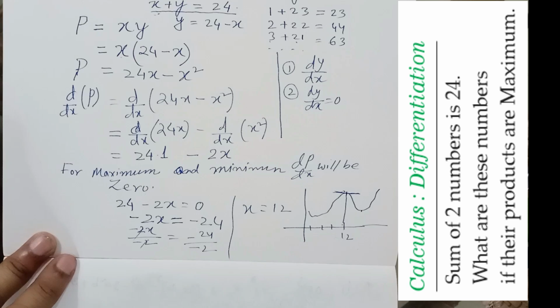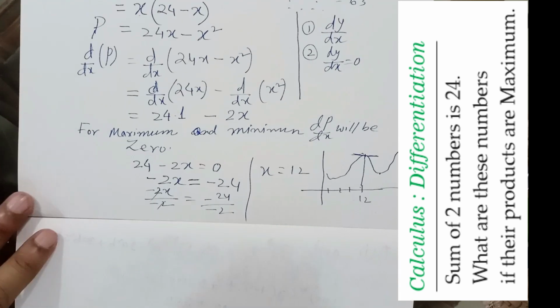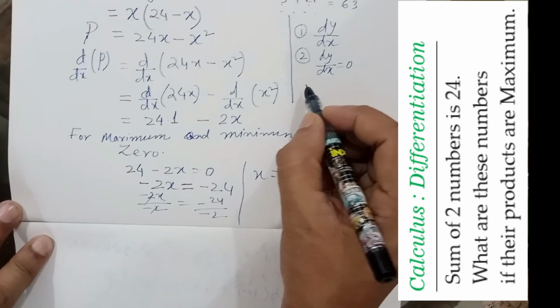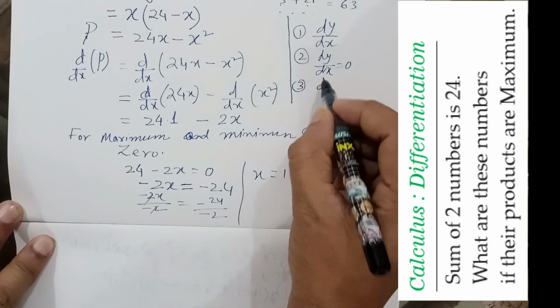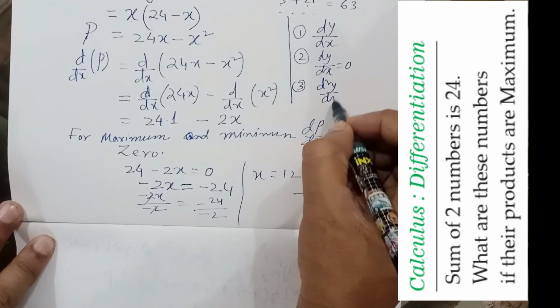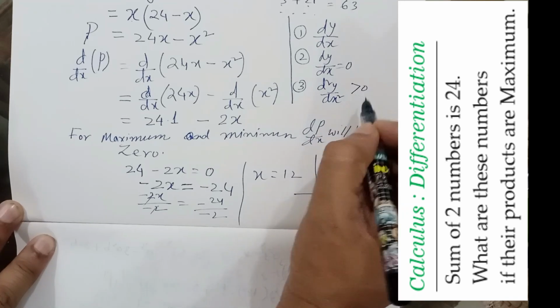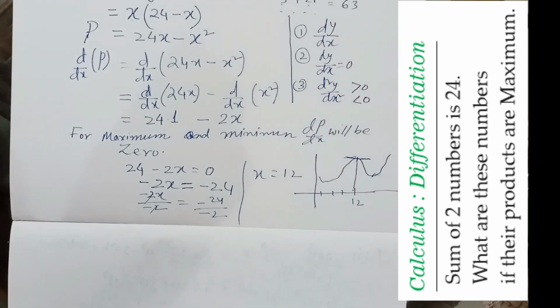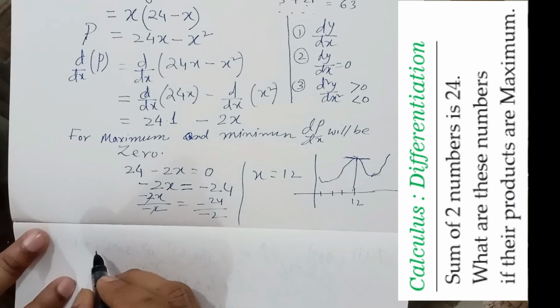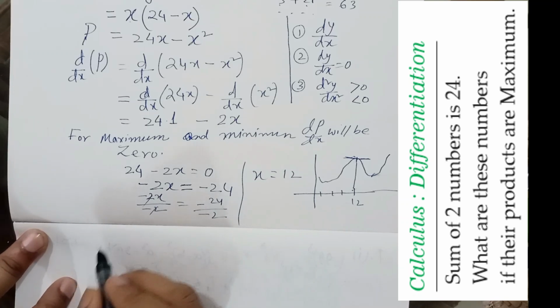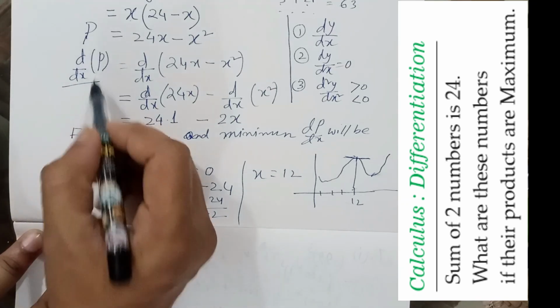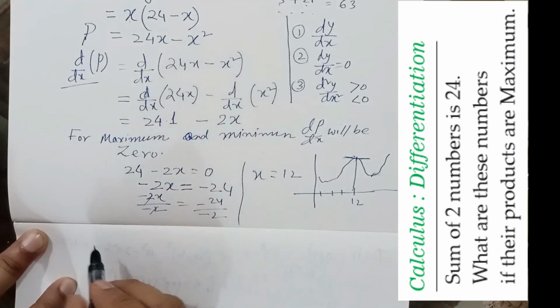So our third step is to find d2P by dx square, and find whether it is greater than 0 or less than 0. For maximum it has to be less than 0. So dP by dx was 24 minus 2x.